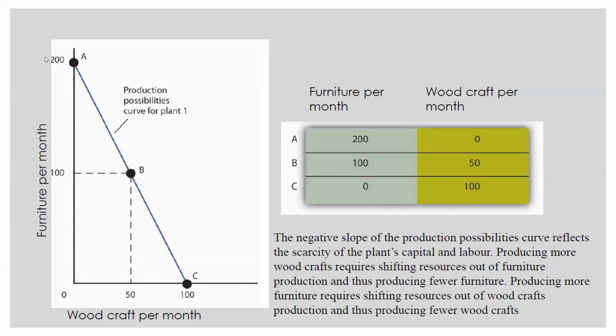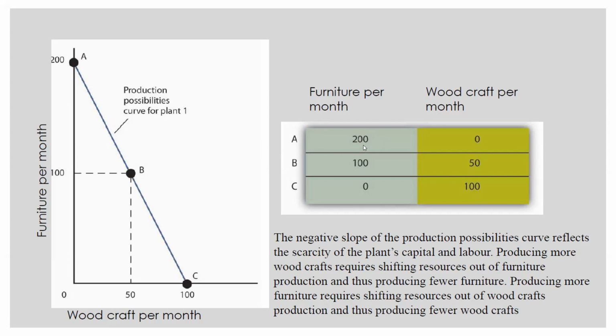So point A simply shows us if we utilize all plants only for furniture production. So if we utilize all three plants only for the furniture production, we can produce 200 furnitures. But we will not be able to produce any woodcrafts. So in case A, you can see the furniture per month is higher, that is 200.